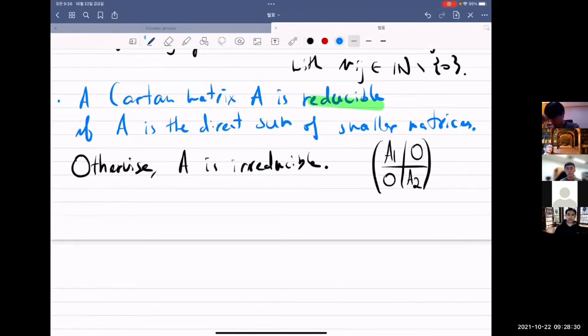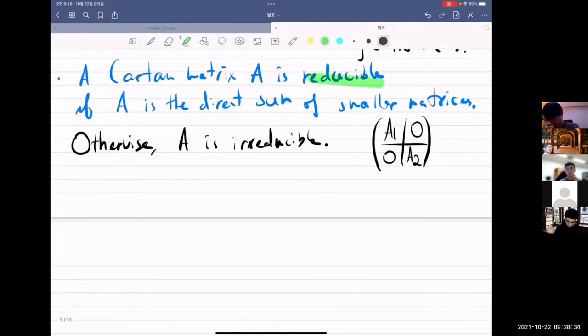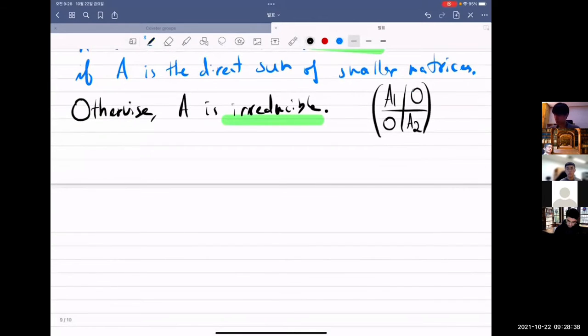If this Cartan matrix is irreducible, okay, so in the irreducible case, then we can use Frobenius theorem.